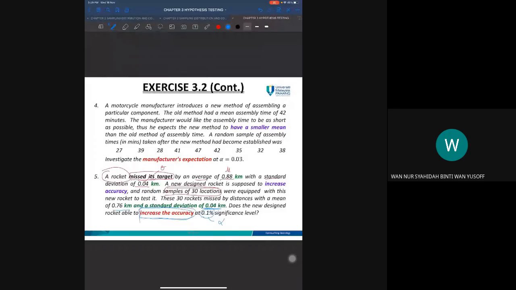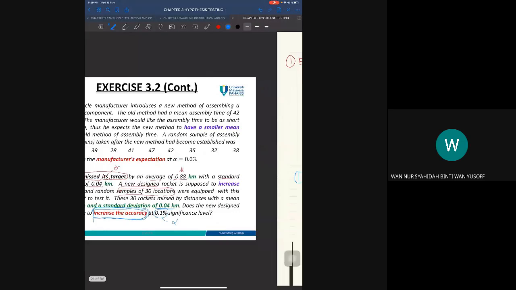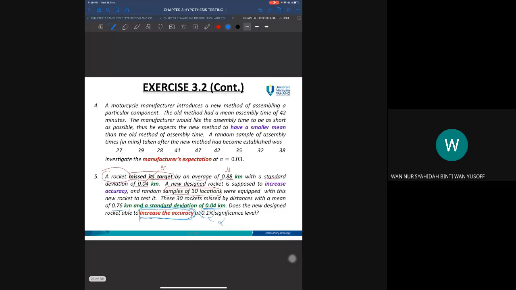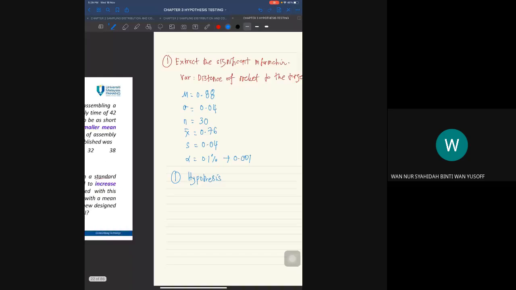Based on this keyword, we decide on our sign. But first we need to know what our parameter is for this hypothesis. Accuracy. First we already know that it is a quantitative variable because we have distance.